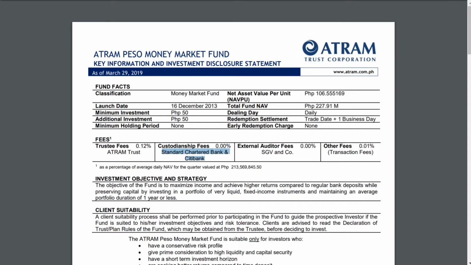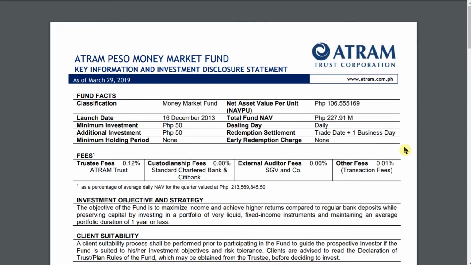Also very minimal external auditor fees. The auditor is SGV and Company. Other fees, transaction fees. I'm not so sure what these fees are, but very minimal. So in total, the fee is about 0.13%. So I have done some research and looked for other company money market funds and how their fees are.